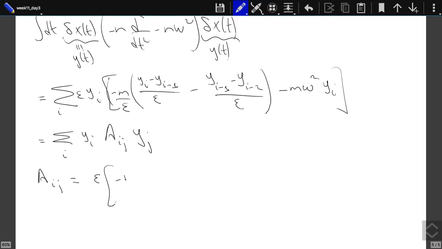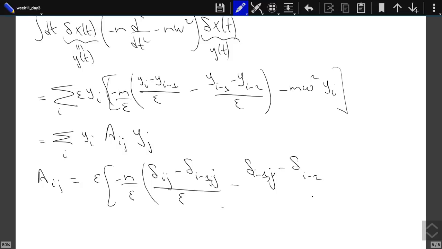It is epsilon minus m over epsilon Kronecker delta ij, the first one, minus Kronecker delta i minus 1 j divided by epsilon, minus Kronecker delta i minus 1 j, minus Kronecker delta i minus 2.